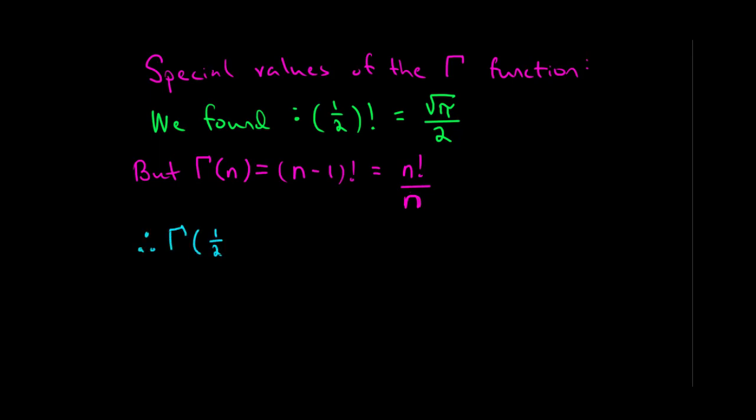Therefore, we can write gamma of 1/2 equals 1/2 factorial over 1/2, which equals radical pi over 2 over 1/2. So the 2's cancel there in both denominators, and we get gamma of 1/2 equals radical pi. Neat.